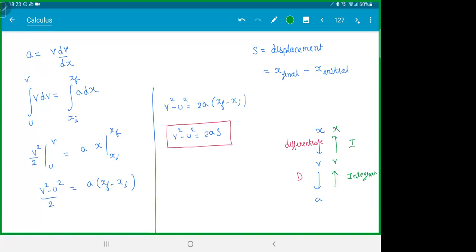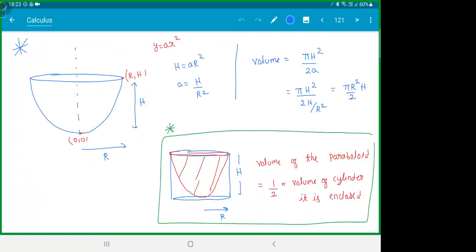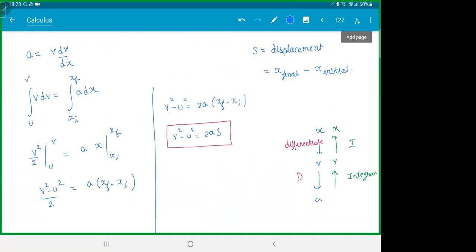Let's see a question. Let's say acceleration of a body a is given equal to t, t is time. Initial velocity is 3 meters per second.